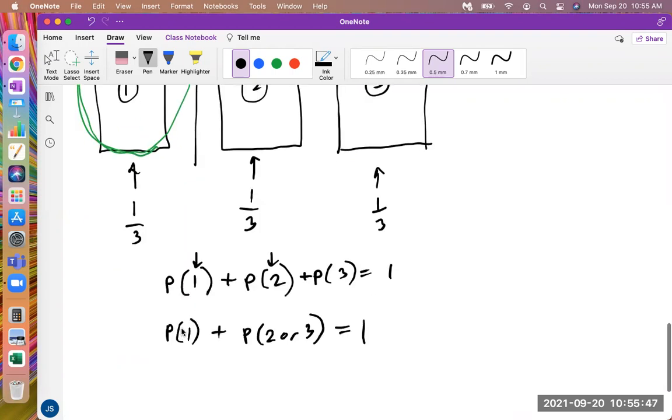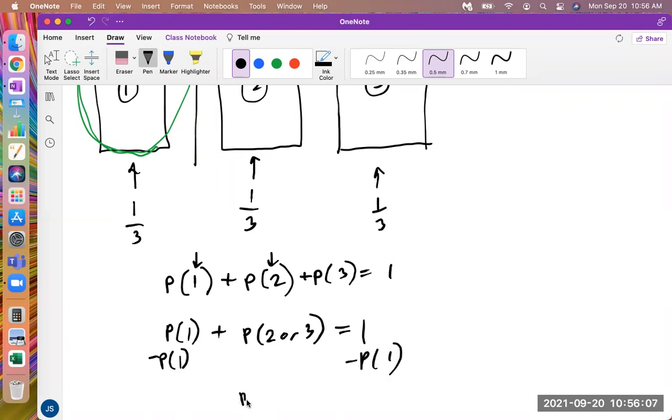So the probability of it being behind door 1 plus the probability of it being behind door 2 or 3 has to add to 1 whole. We could rewrite this equation and subtract the probability of 1 on both sides.